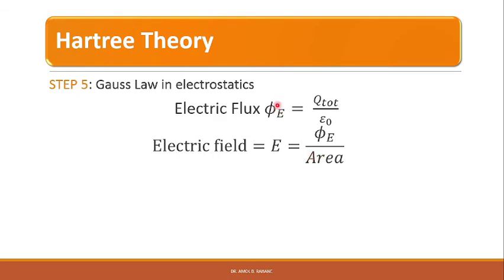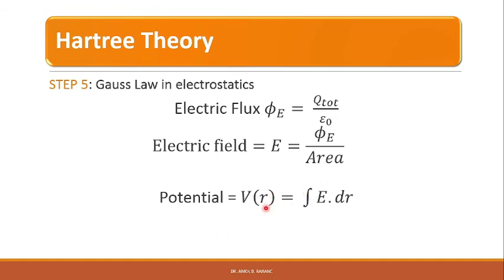So from Gauss law we can calculate the electric flux, which is equal to the total charge upon epsilon 0, right? And we can calculate the electric field, which is the electric flux per unit area, and then the integral of this electric field is evaluated to obtain a more accurate estimate of the net potential, right?